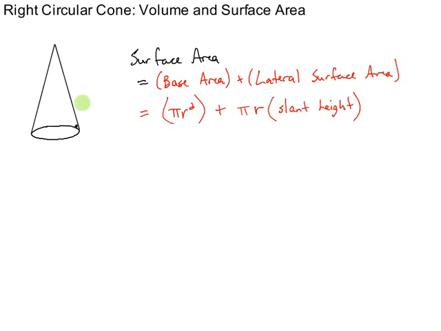Height is always perpendicular to your base, so that was from the vertex down to the center of the floor. Slant height is a bit different. Slant height is literally this slant distance here. So that length is the slant height. And sometimes you may have to use the Pythagorean theorem to find it, but this is how you calculate the surface area of a cone.